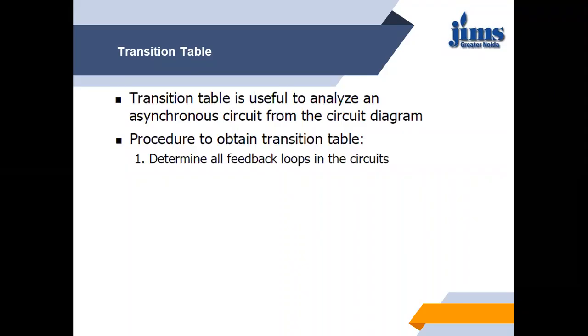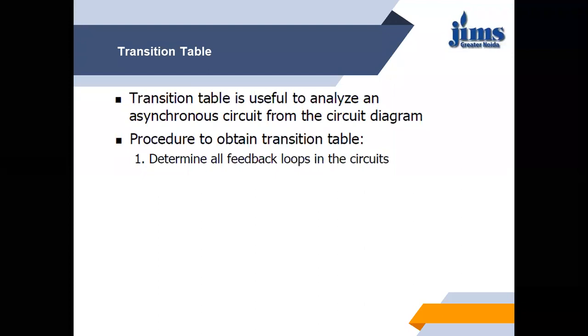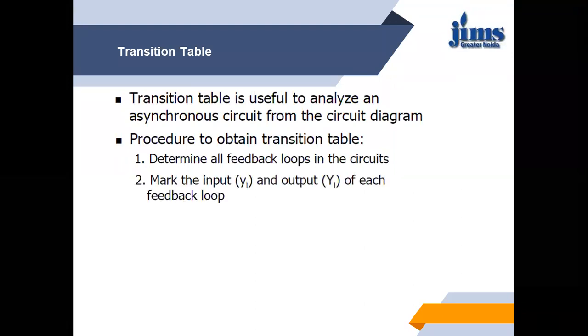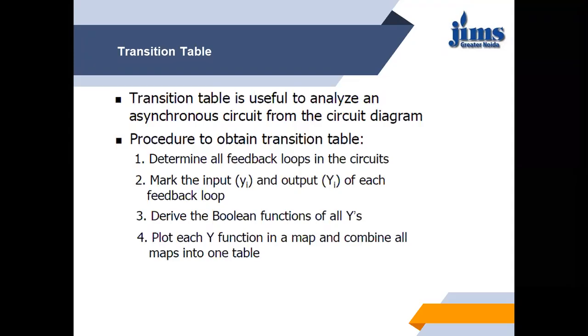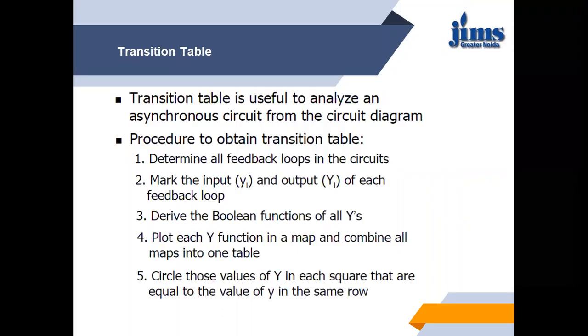The procedure to obtain a transition table: determine all feedback loops in the circuit, mark input small y and output capital Y of each feedback loop, derive the Boolean function for all capital Y's, that is the second next state, plot each Y function in a map and combine all maps into one table, circle all those values of capital Y in each square that are equal to the value of small y in the same row.